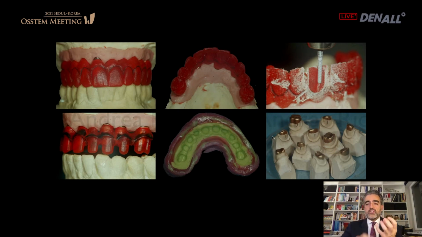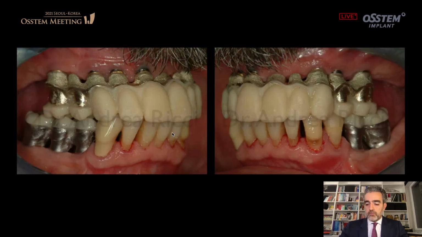Then single units were fabricated because I wanted to deliver a very nice, very predictable restoration, and I wanted to deliver single unit restorations. So an impression of the metal bar has been performed.